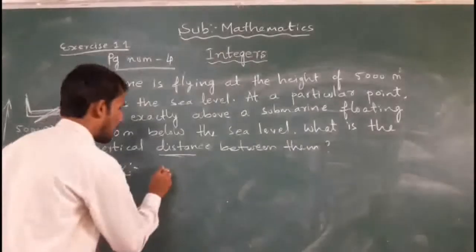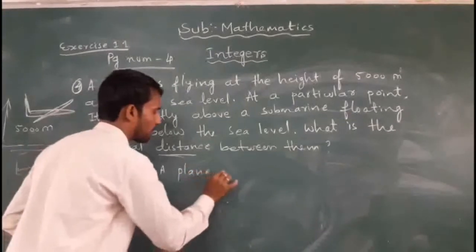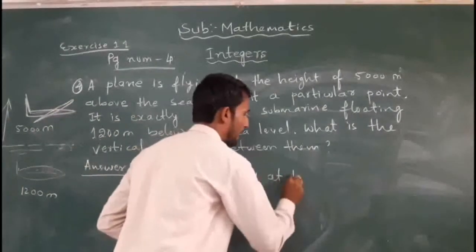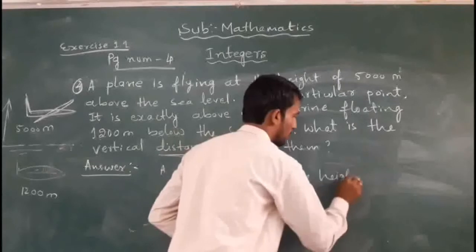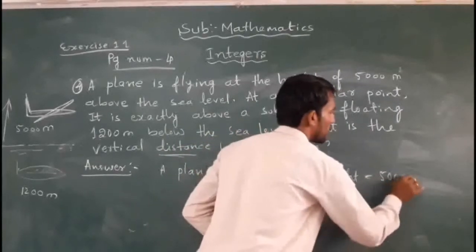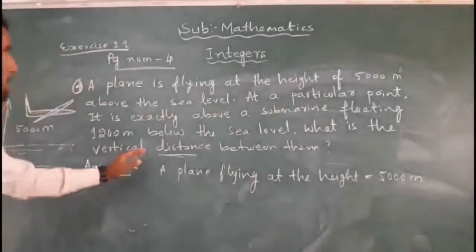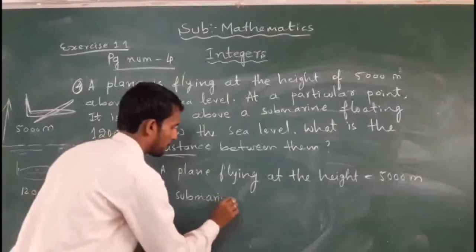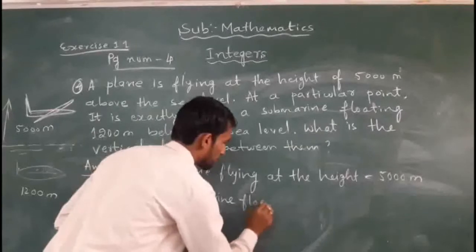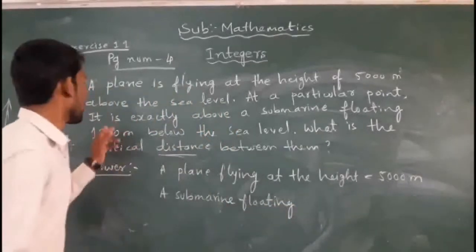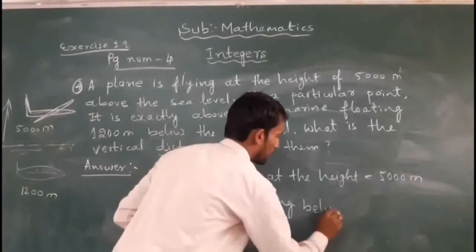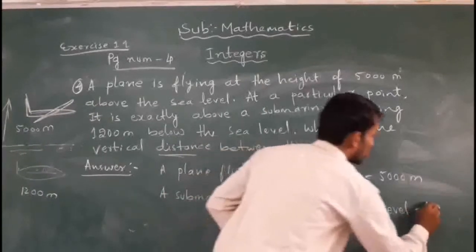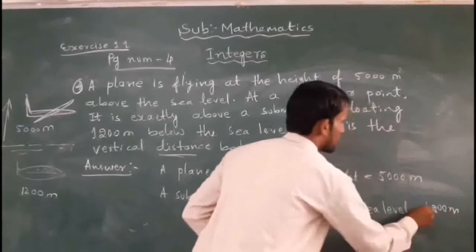See, first, a plane flying at the height is 5,000 meters, and a submarine floating below the sea level, that is 1,200 meters, minus 1,200 meters.